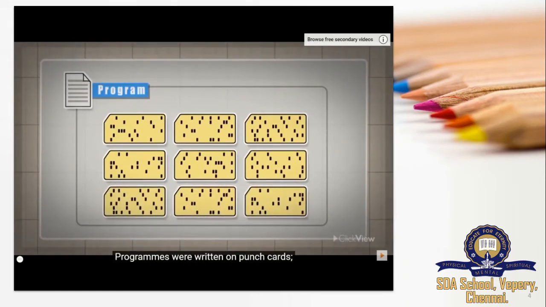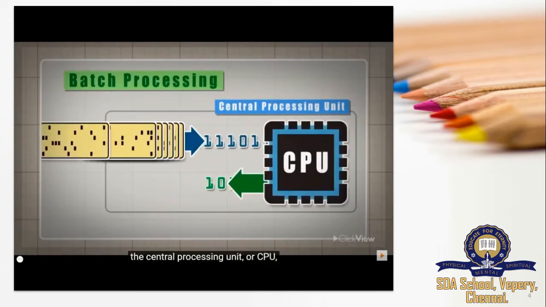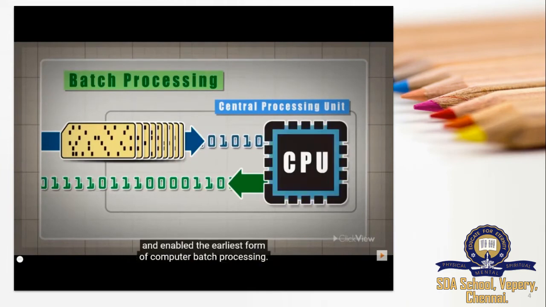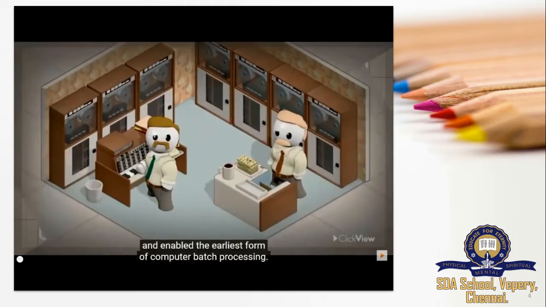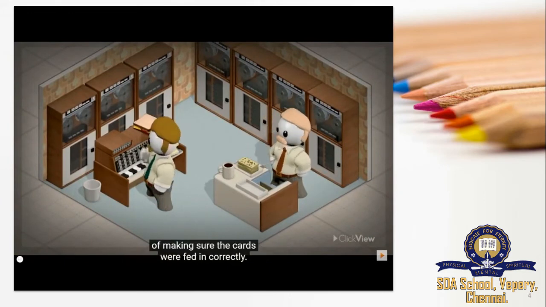Programs were written on punch cards, pieces of cardboard with holes. These were fed into the central processing unit and enabled the earliest form of computer batch processing.